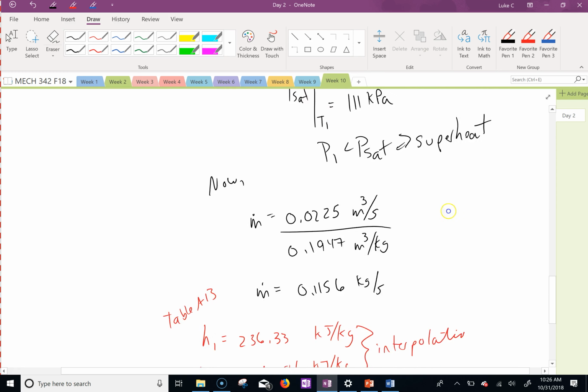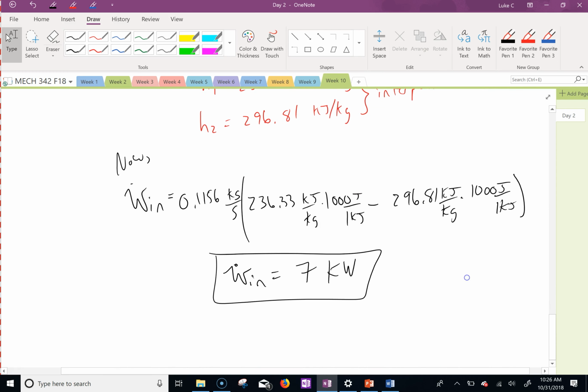So this would be negative here and positive here. Yep, because if we know it's in, it should be positive, because we've already defined it as in. We know it's in because it's a compressor. If you find that you have a compressor or a pump, you shouldn't have any work out. That's only for a turbine.